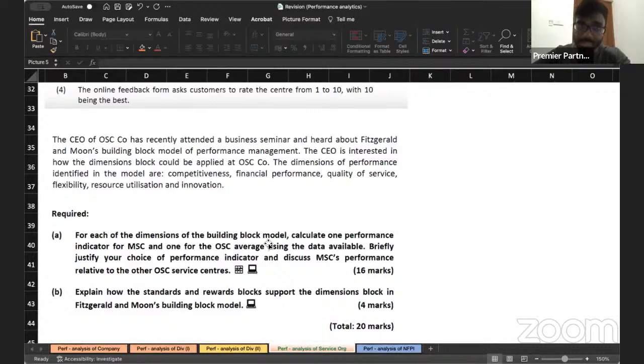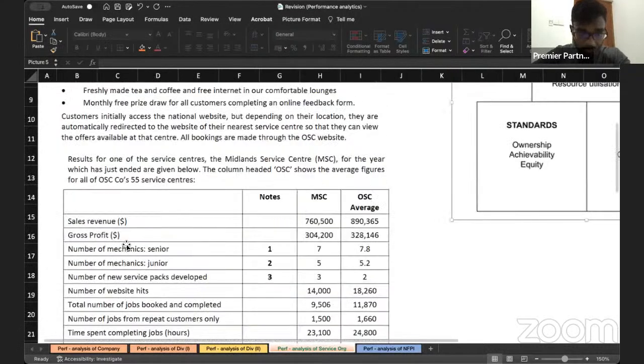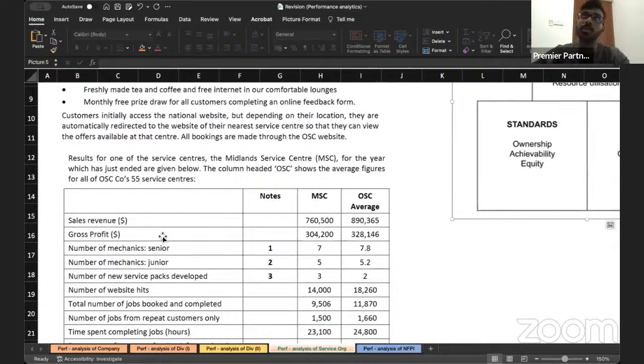So why? Because gross profit margin measures, how do I put it? Now, this is a service company, service station. Gross profit margin looks at your direct costs.